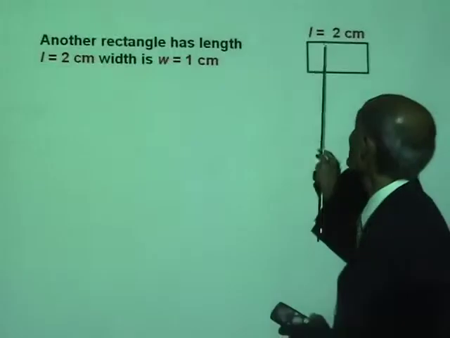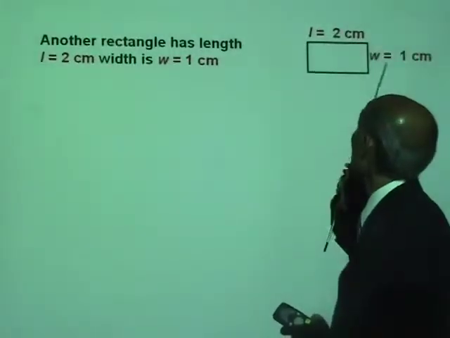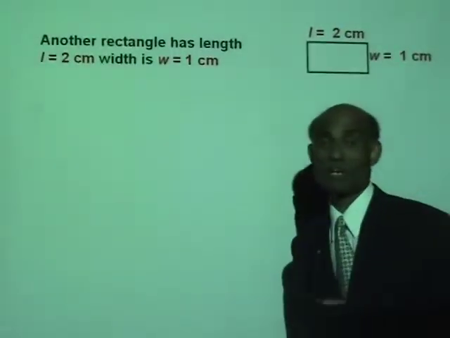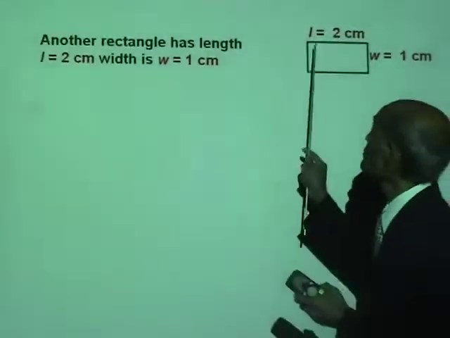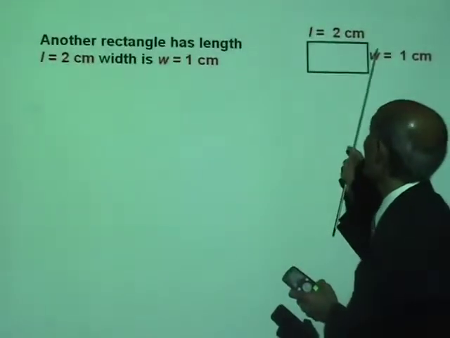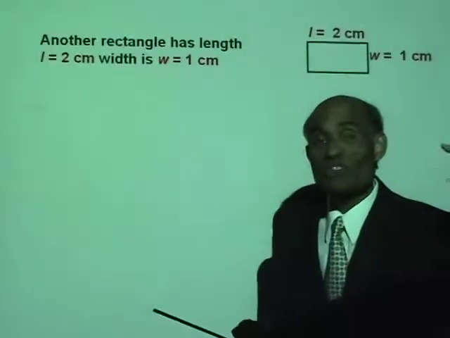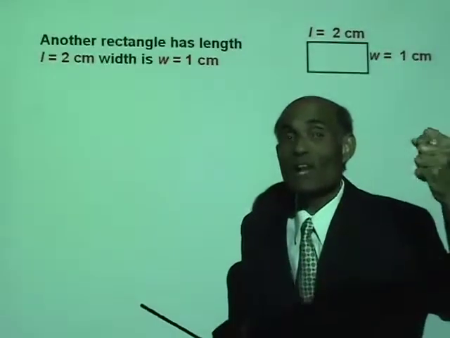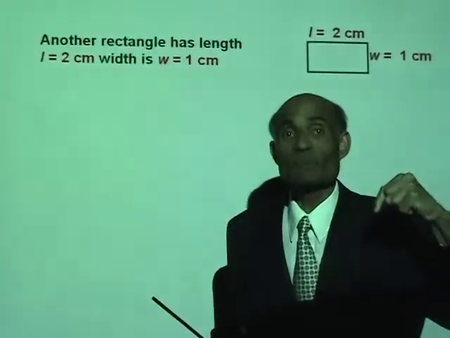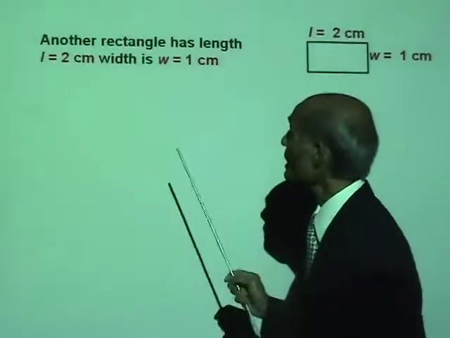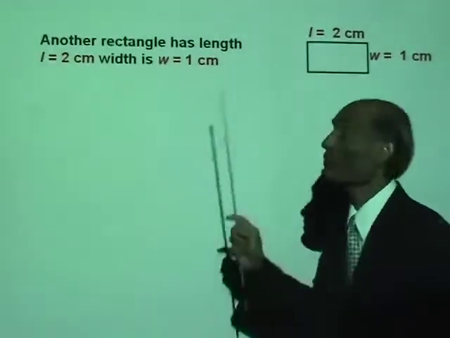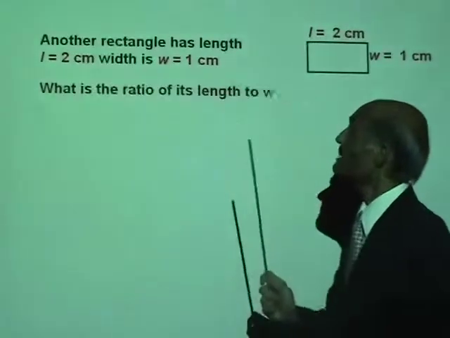The length is 2 centimeter, width is 1 centimeter. If you notice here, I have used lowercase l and lowercase w in this case. The previous case I used uppercase L and uppercase W. Alright, tell me, what is the ratio of length to width in this case?